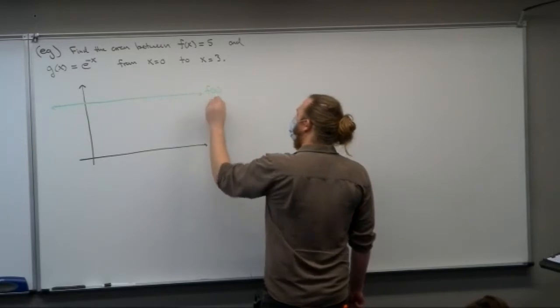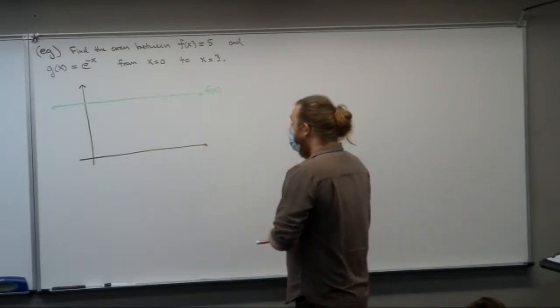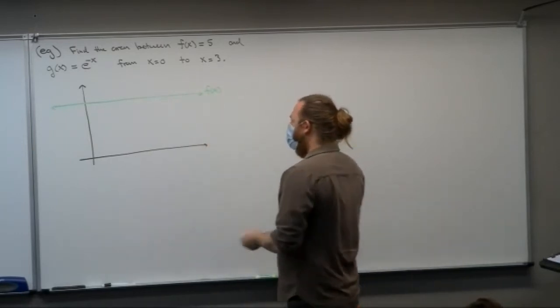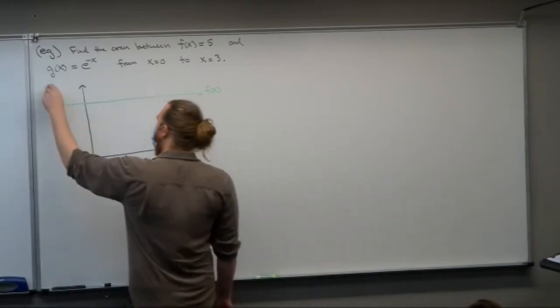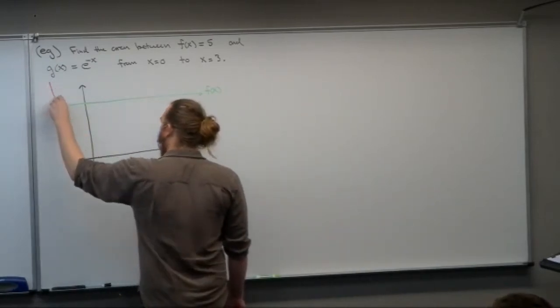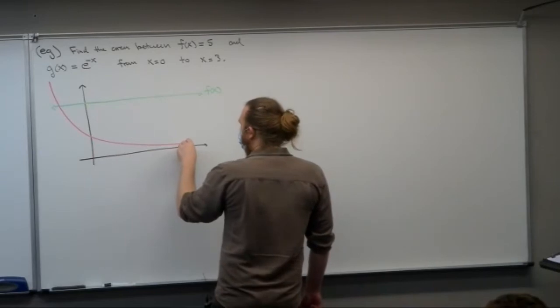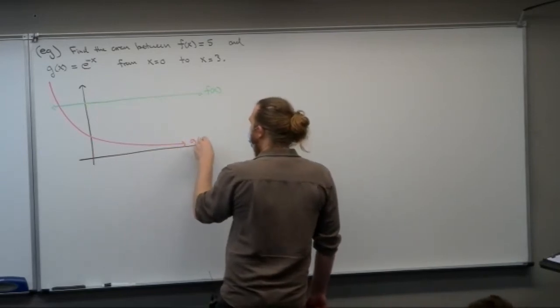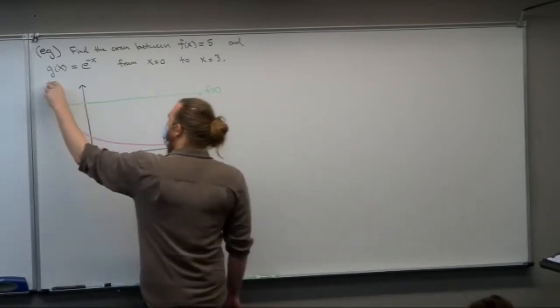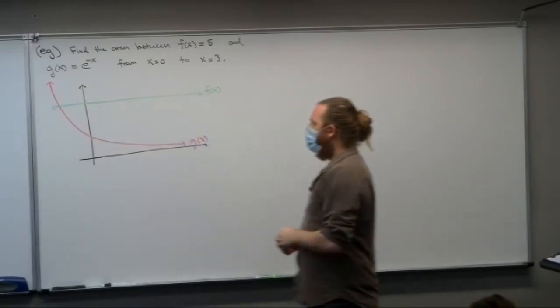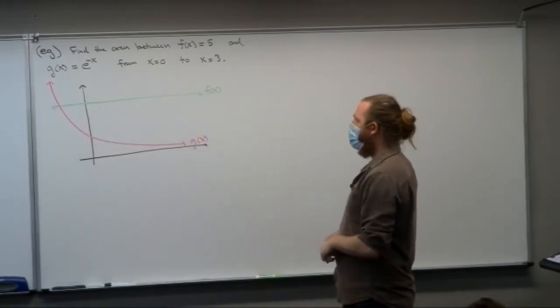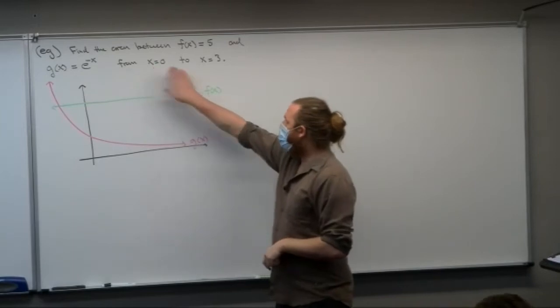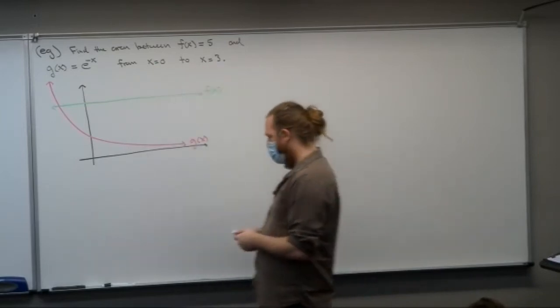This graph is a horizontal line. G here is e to the negative x, which is a decaying exponential. So these curves look like this. And then I want to find the area bounded between them from 0 to 3.